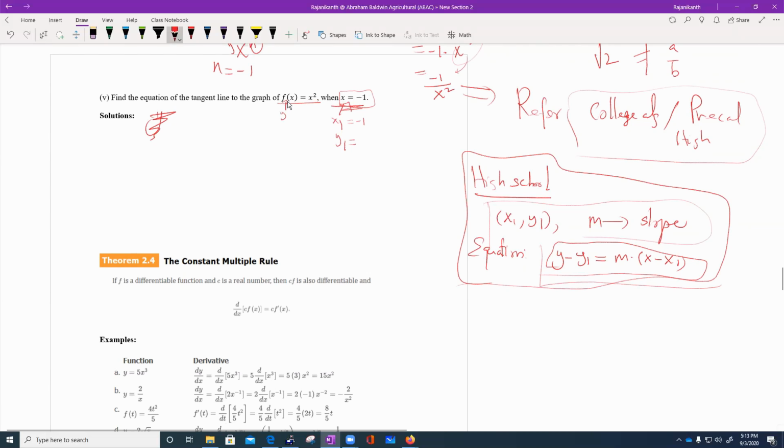So if you plug x = -1 into your function, that will give you the corresponding y value. That is my y1. So if x1 is -1, then y1 is simply (-1) squared because my function is x squared. So (-1) squared is nothing but 1. So you know x1 and y1, right?